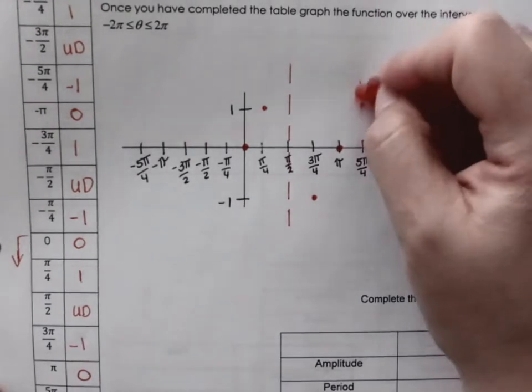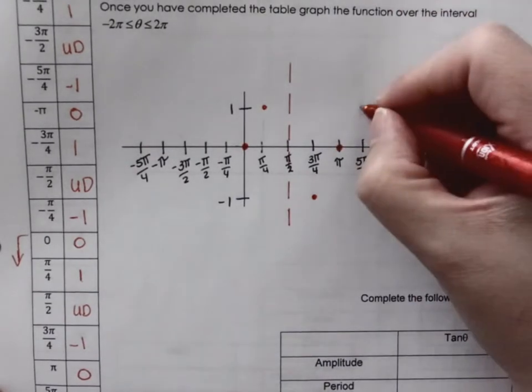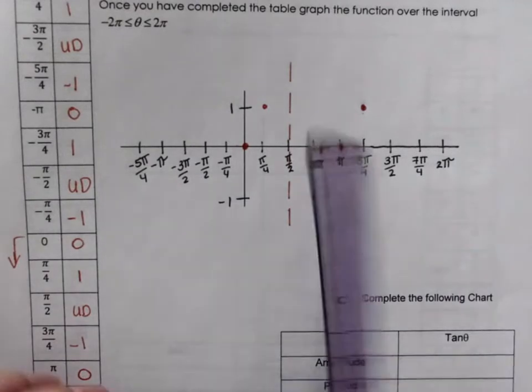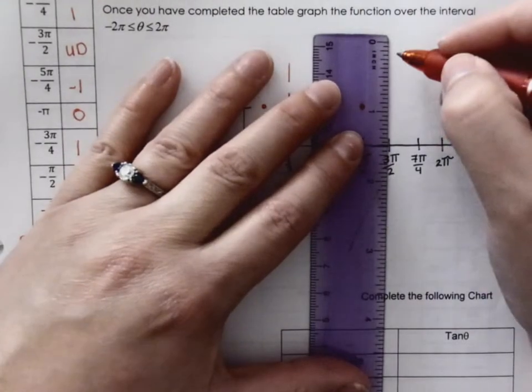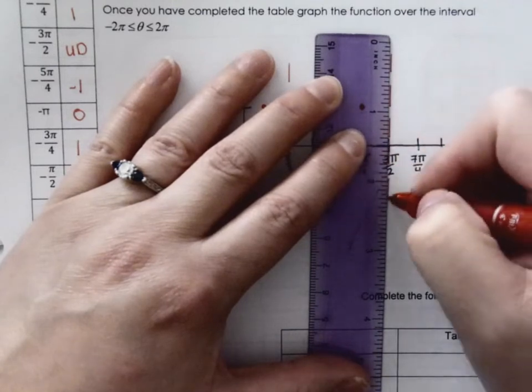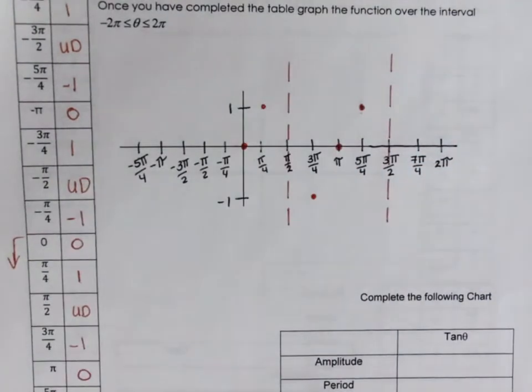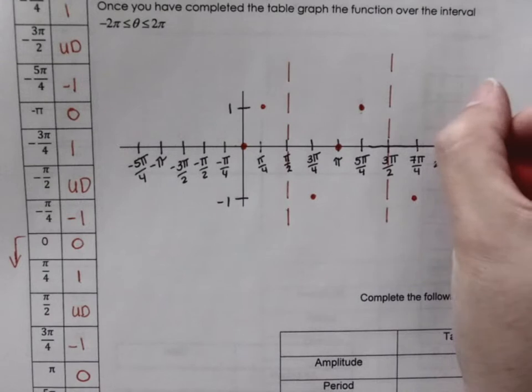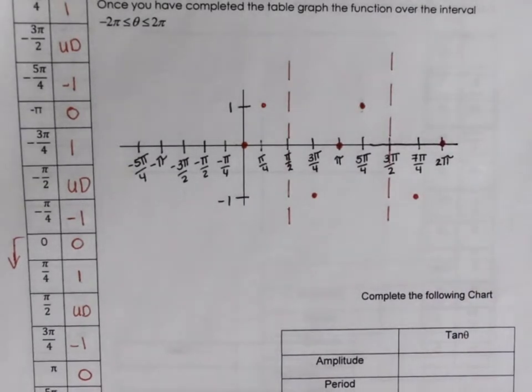Oh, that's a really high +1, sorry. 3 pi over 2, asymptote. So anywhere that the tan is undefined, that results in an asymptote when we're graphing it. 7 pi over 4, -1, and 2 pi is at 0.